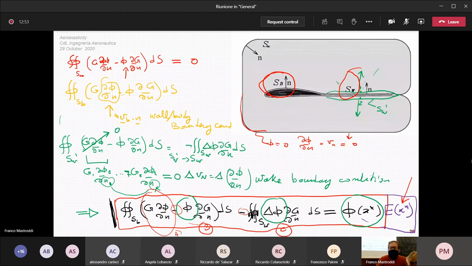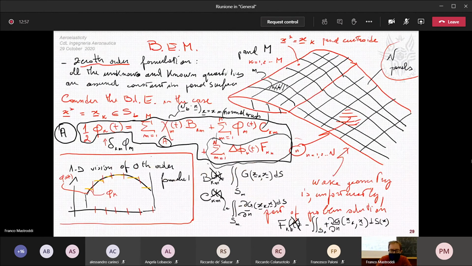This integral formulation can be discretized, obtaining a boundary element method formulation, which is this equation in the time domain. This equation can be solved directly or in a linearized form.